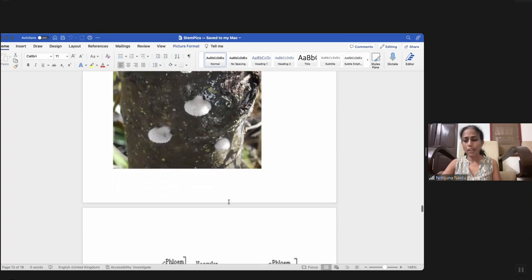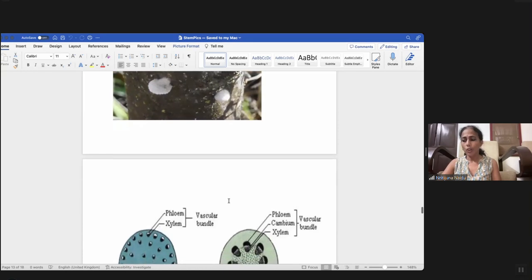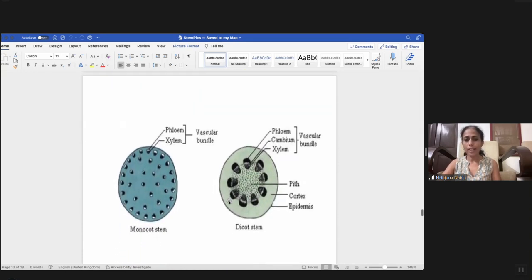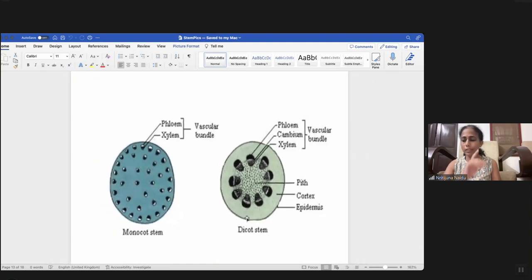Now you can show a cross section or a picture, if you can find, of a monocot and dicot stem. See the difference here. Some plants organize their pipes in bundles, in different bundles. If you look at the dicot stem, which is to the right, you have a pith in the center.